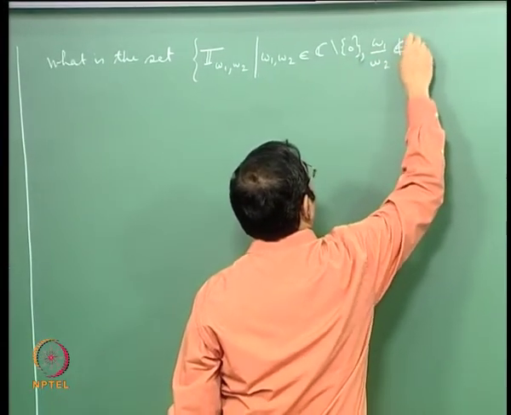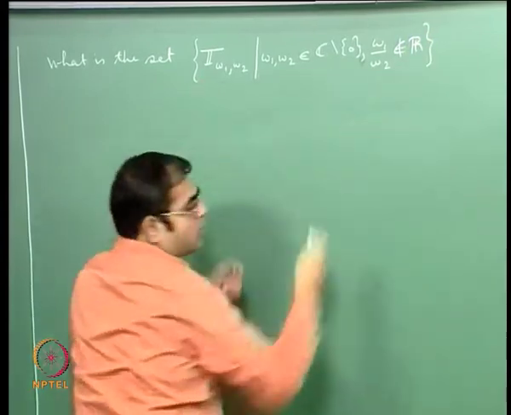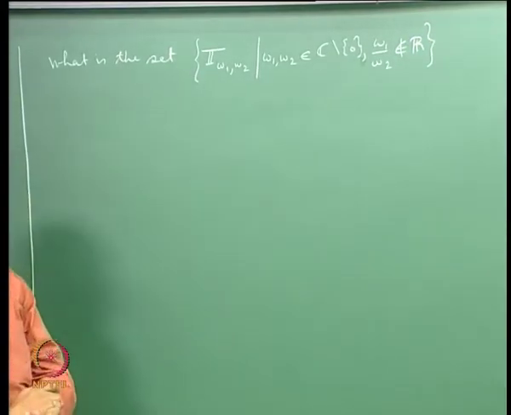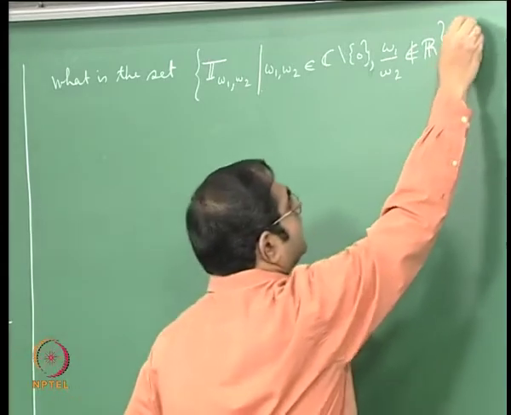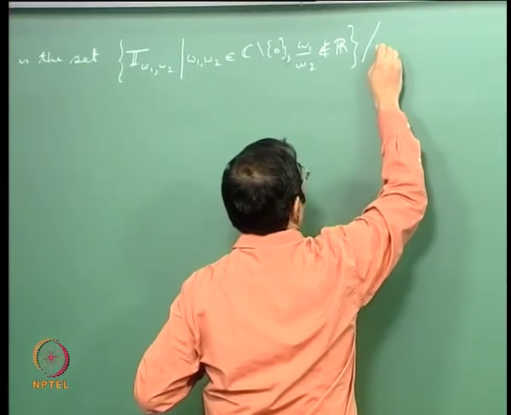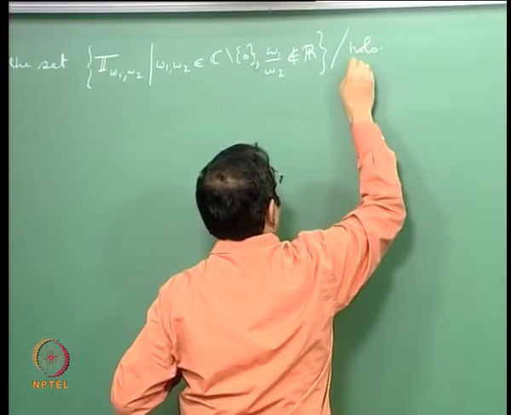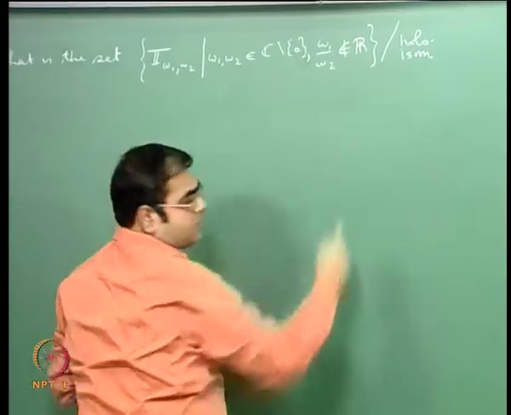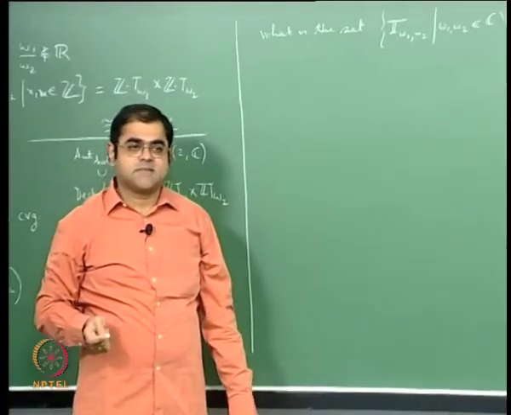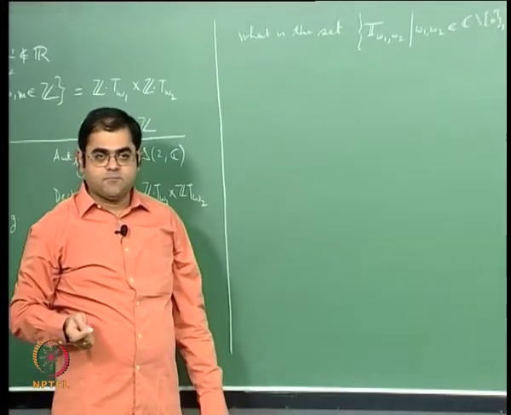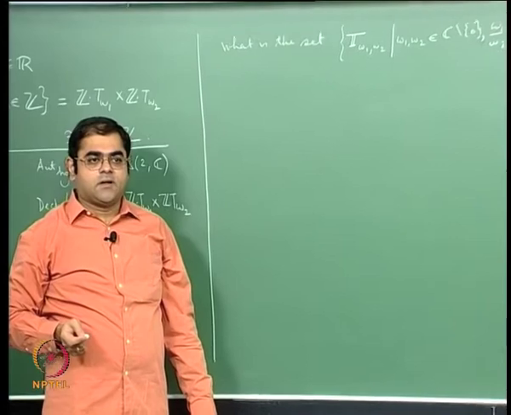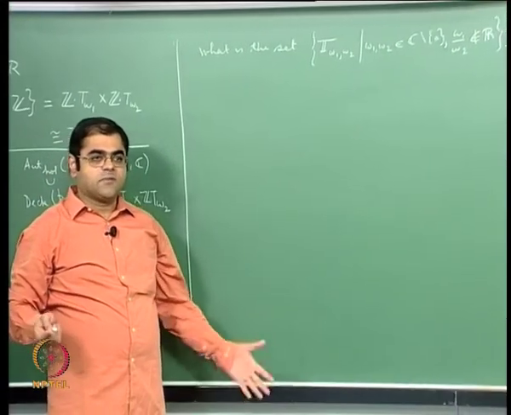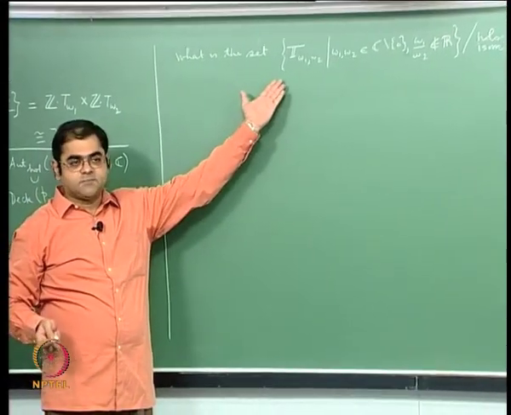This is the set of all possible complex tori, and then you want to go modulo holomorphic isomorphism. So I am looking at holomorphic isomorphism classes of complex tori, and I want to know how many of them there are. Namely, I want to know what this set is.